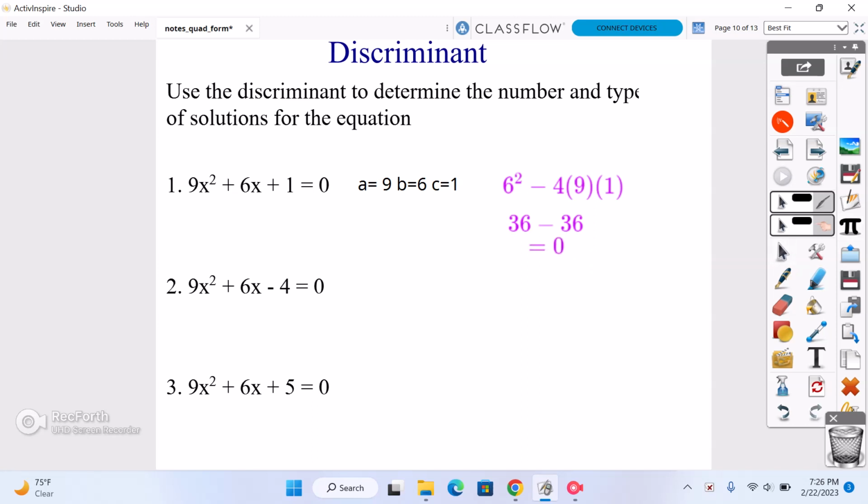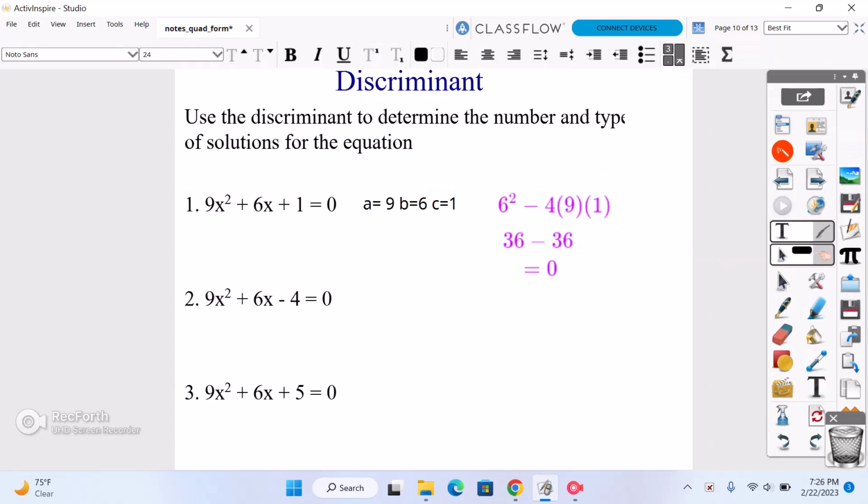That means, since our discriminant is 0, that we have one real solution, and we call this a double root. That means that that one real solution counts twice.